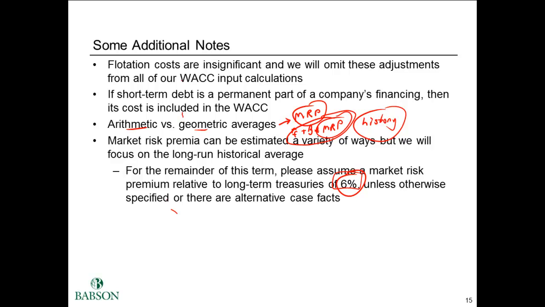But let me give you an example of arithmetic versus geometric average. Let's say you have a portfolio that's worth $100 million, nice, huh, in year 0, and you give it to somebody to manage. One year from then, they double it. So the rate of return during that year is 100% that your portfolio manager earned for you.